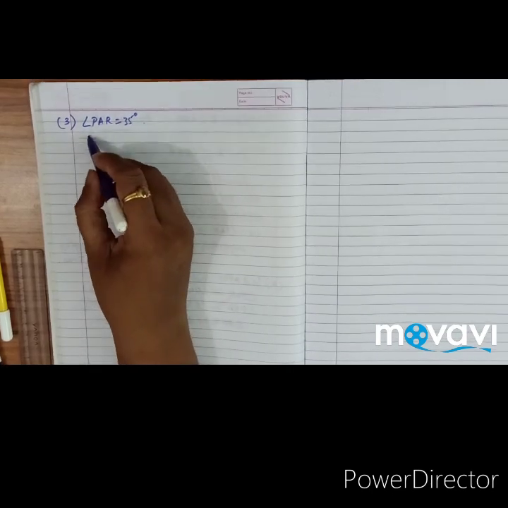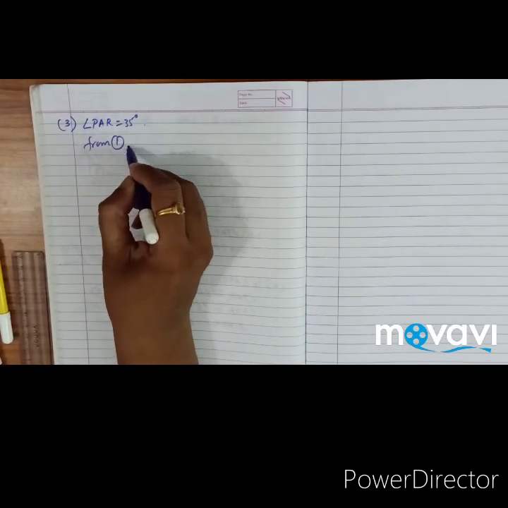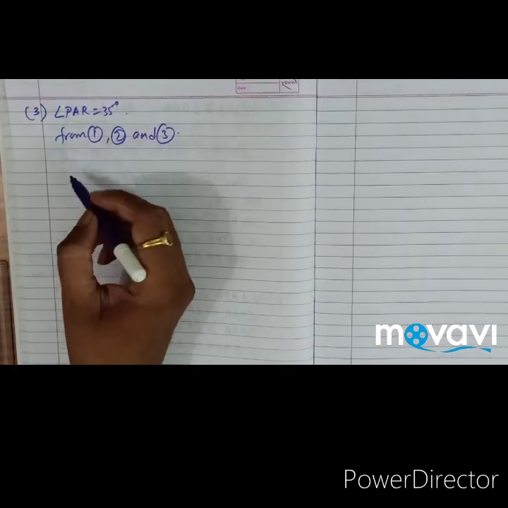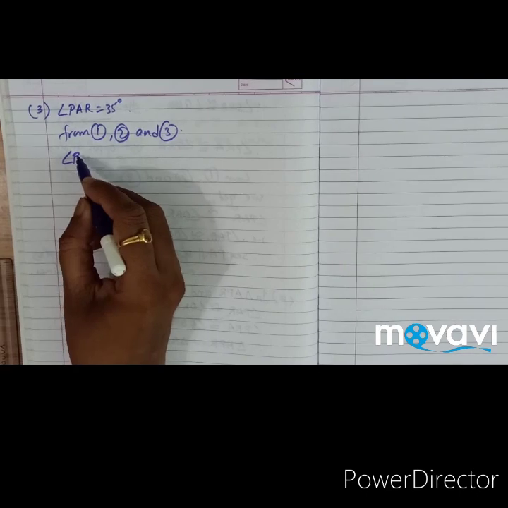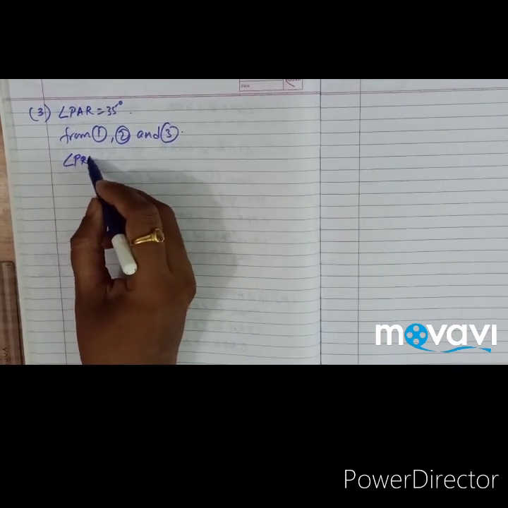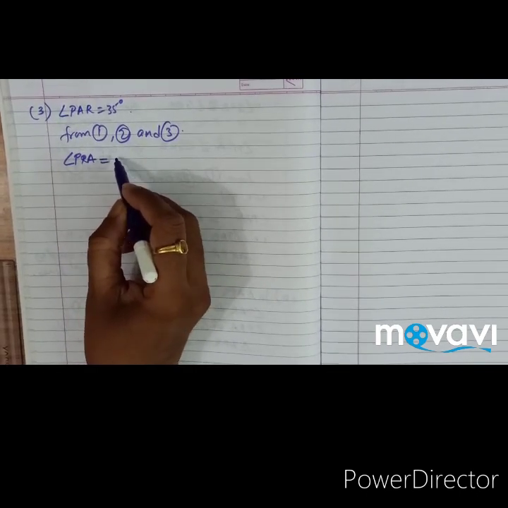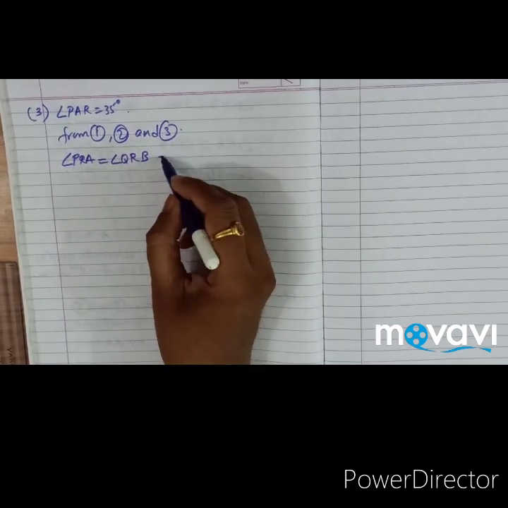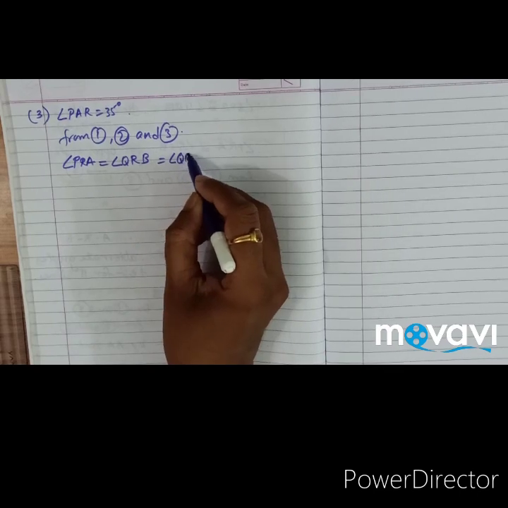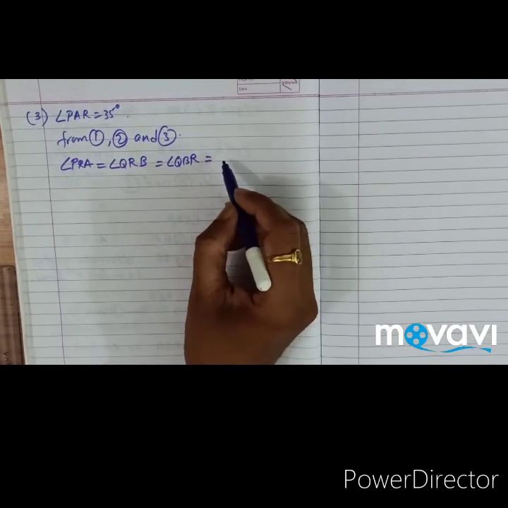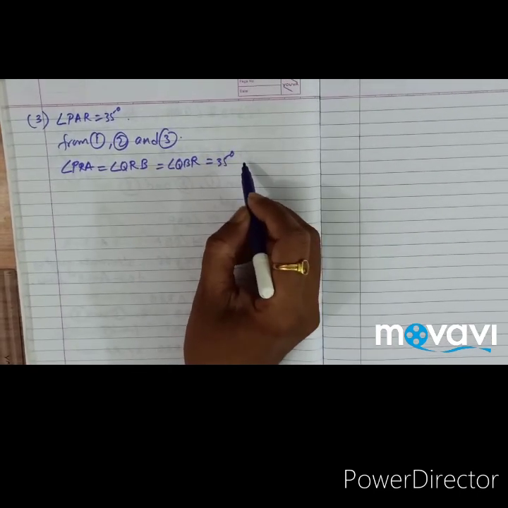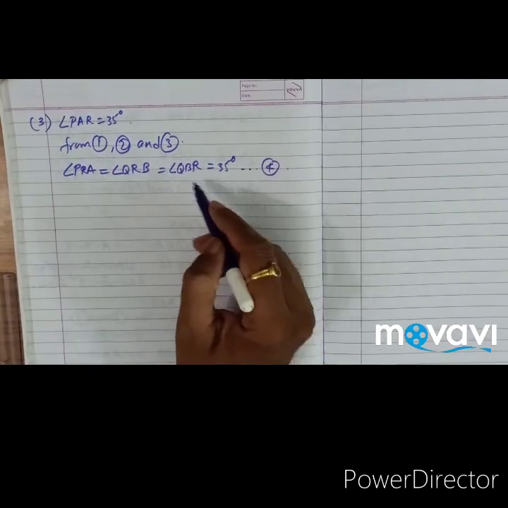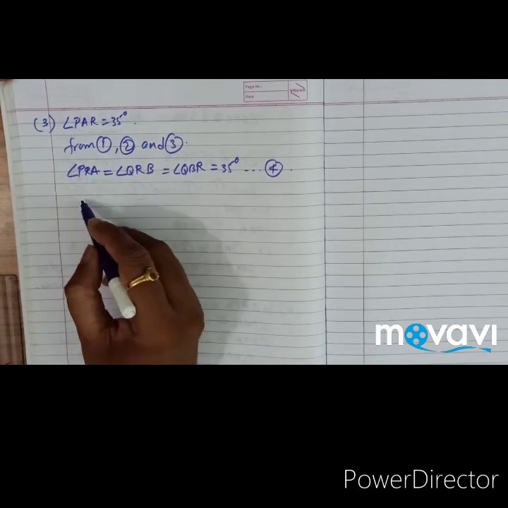But from what we have already proved, from 1, 2 and 3, we know that angle PRA is equal to angle QRB is equal to angle QBR. These all are 35 degrees. Okay. Let this be your fourth one.